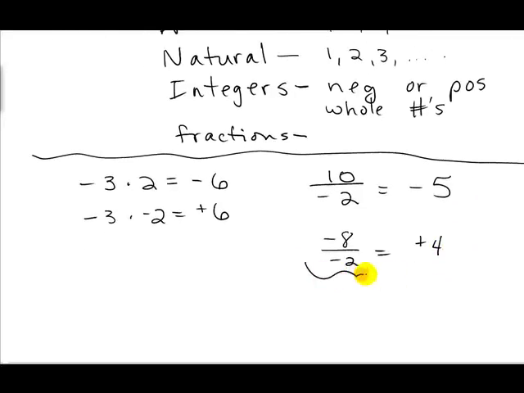We want to remember that division can be written several different ways. We can write it as a fraction. We can write it with the little division sign. And you first learned how to do division using the box, the division box.